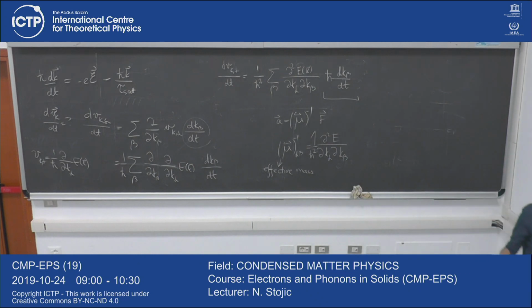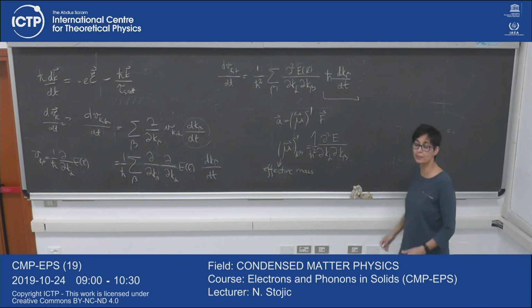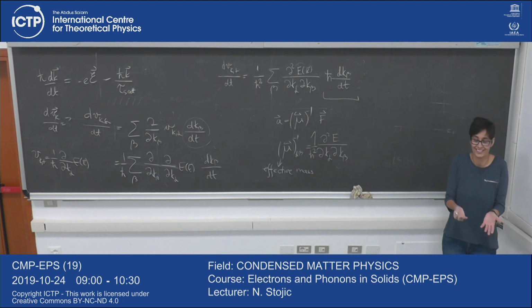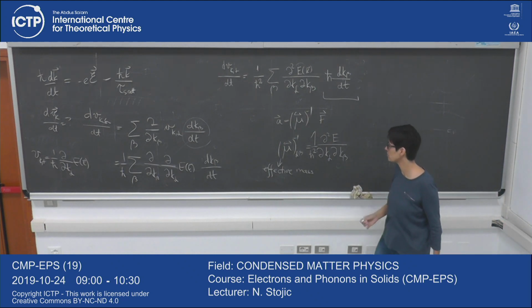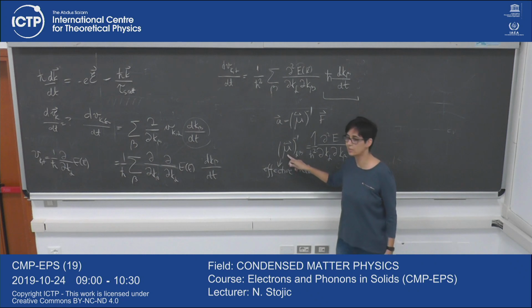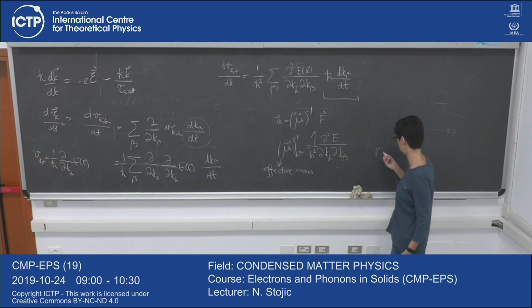So, for a free electron case, it would be the same for any component alpha and beta. Yes, it will be the same. And positive. And it will be equal to the electron mass. Okay, I'm sorry, I use various notations. One is mu. I also use m star for the free electron case.